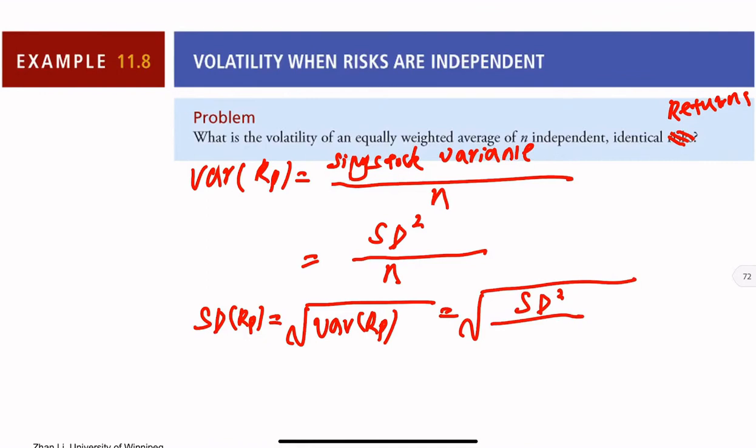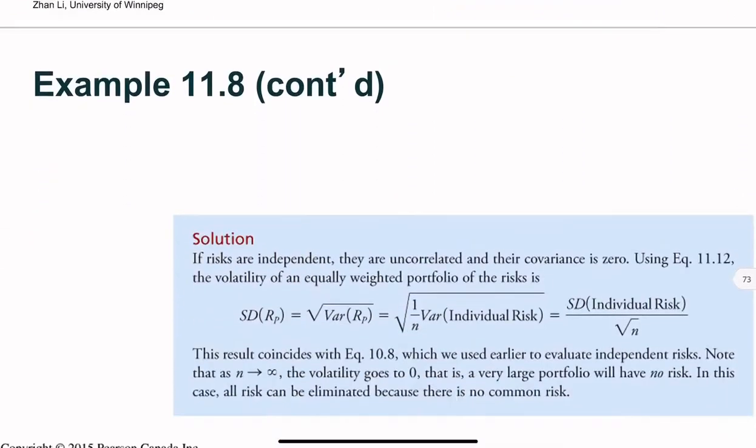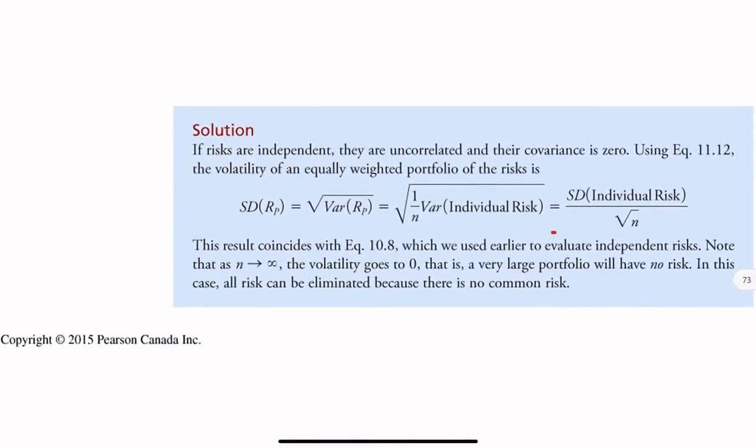Here standard deviation refers to the standard deviation of a single stock, right? So it's SD of a single stock divided by square root n here. Now you can see that this is exactly the same answer as this, right?